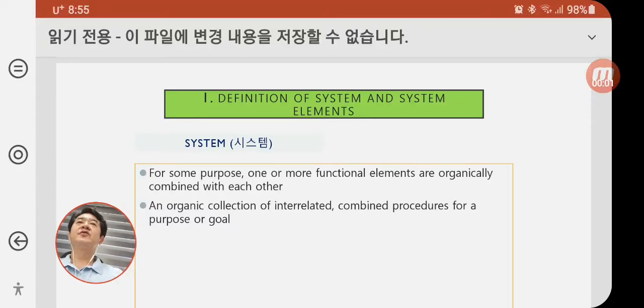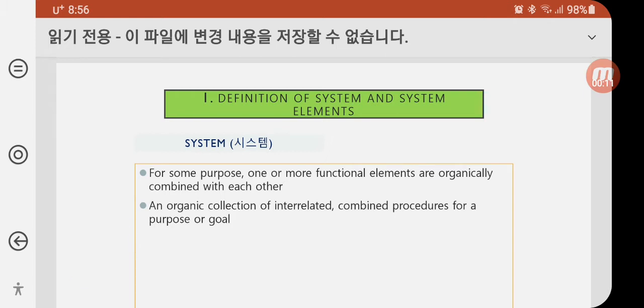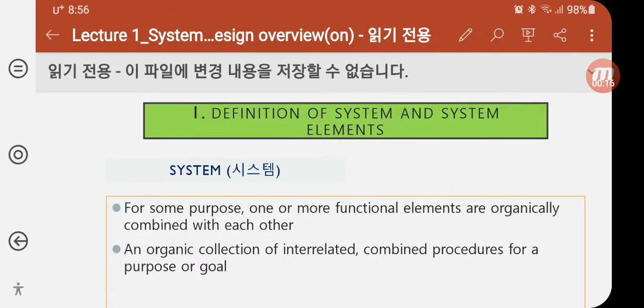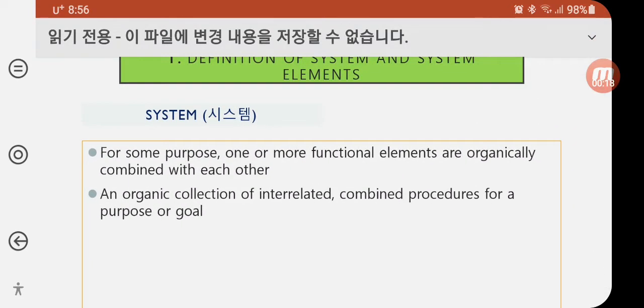Continue the lecture. First, let's take a look at what a system is and what components it contains. For some purpose, one or more functional elements are organically combined with each other.